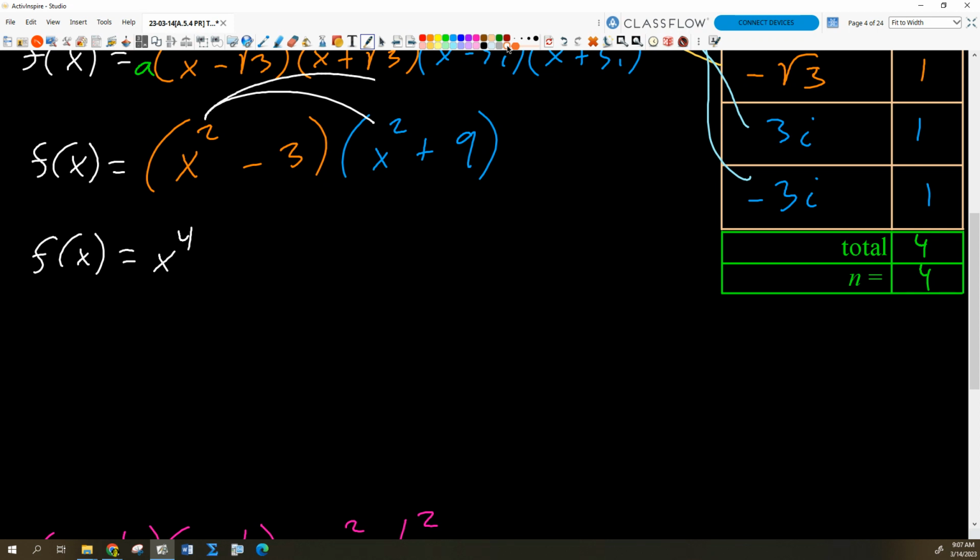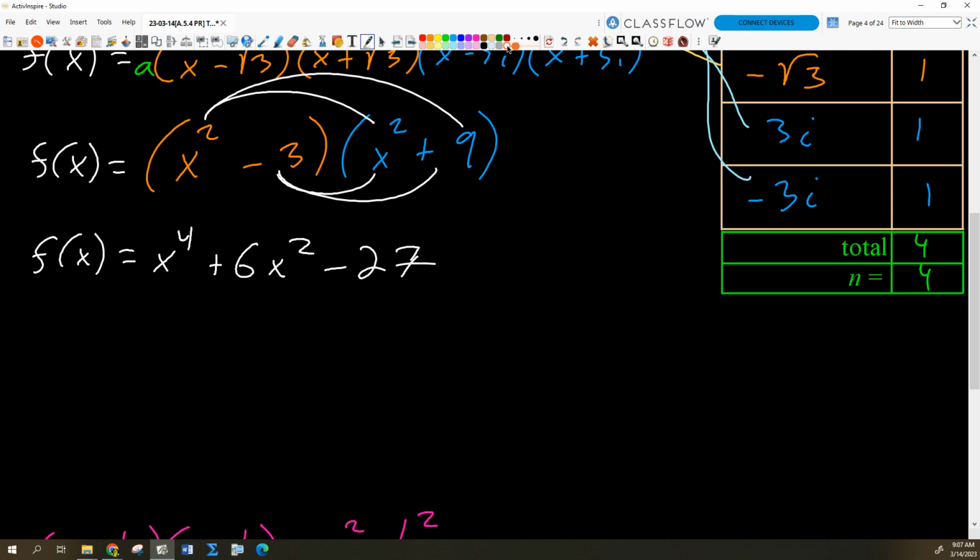X to the 4th plus 9x squared minus 3x squared. Oh, okay, good. Plus 6x squared. Done. There it is. And what's the leading coefficient? 1. Okay. Everybody see that?